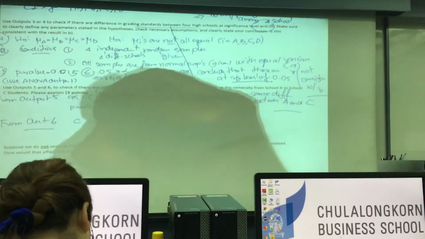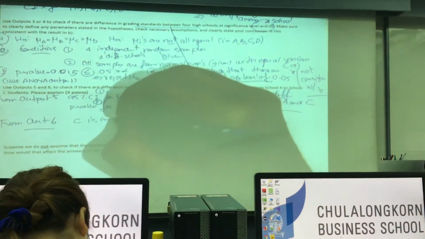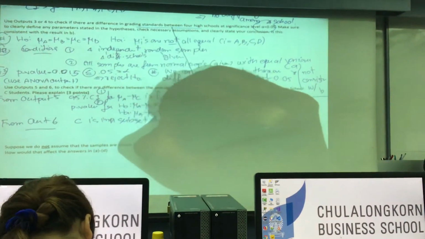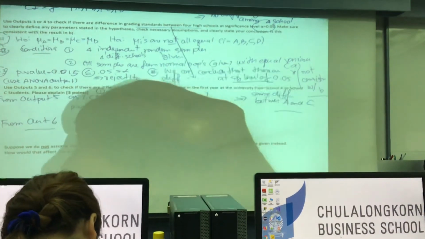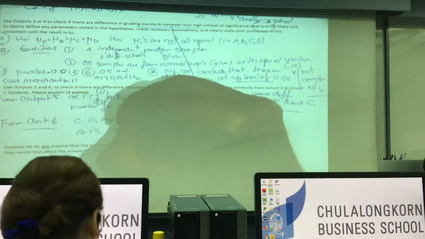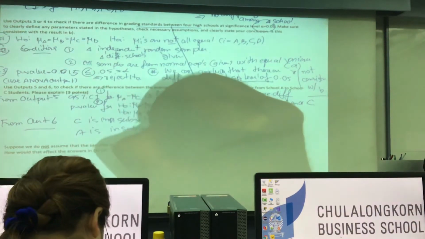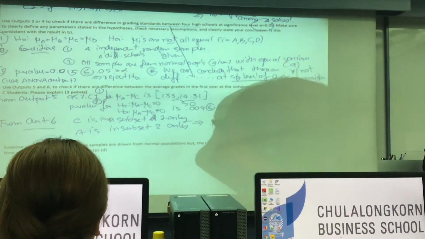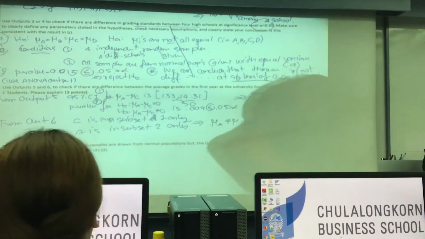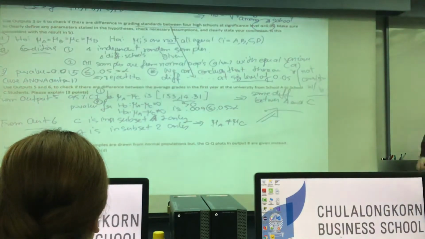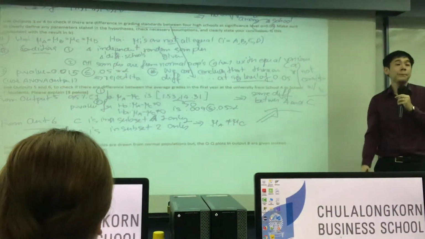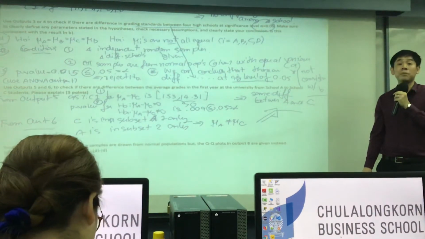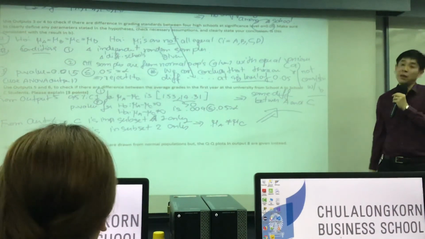C is in subset 1 only. A is in subset 2 only. That implies that mu A is not equal to mu C. You could answer something like that. Okay, just pick one that you like.